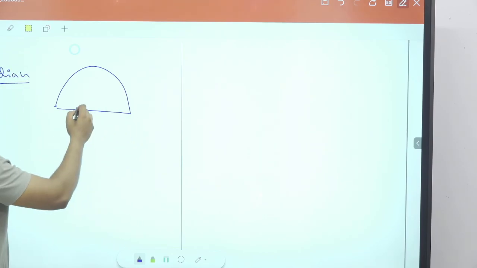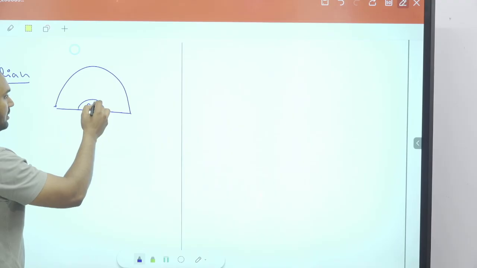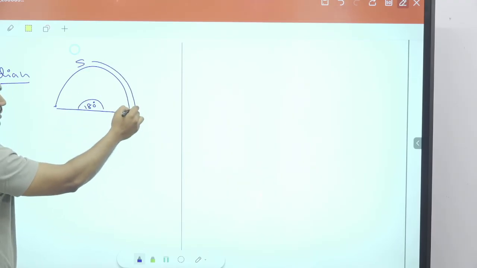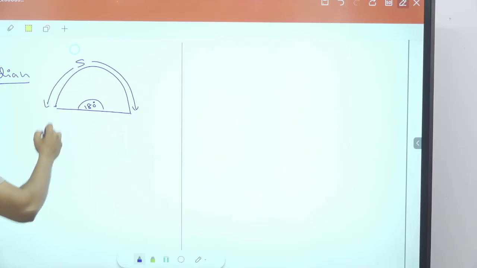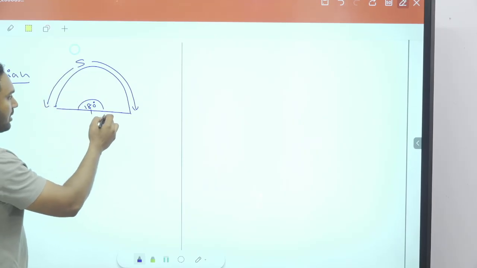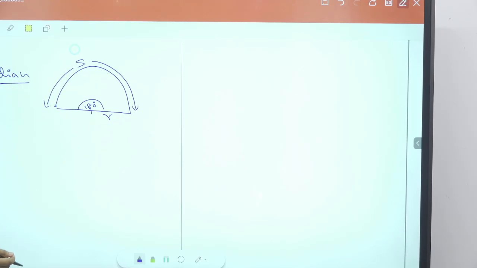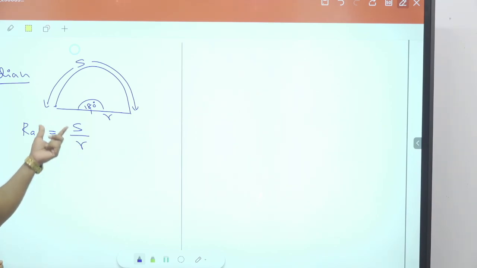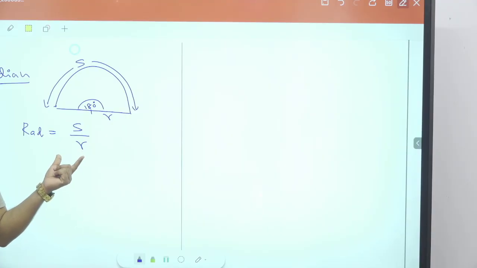It has 180 degrees, that is in degrees. Now this has an arc length of S and a radius of R. So if you have to find the radian of this, you divide S by R. You get radians.